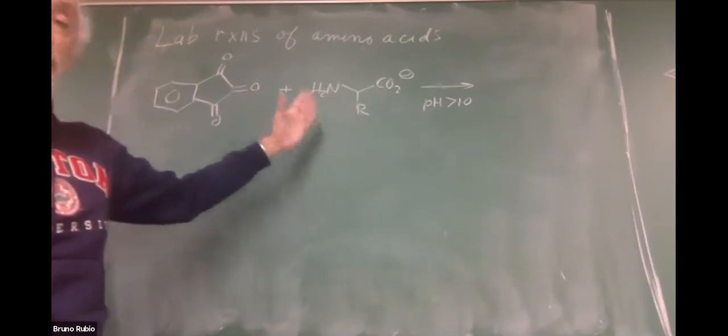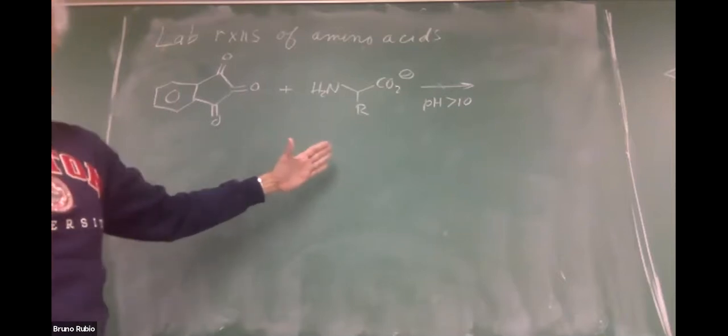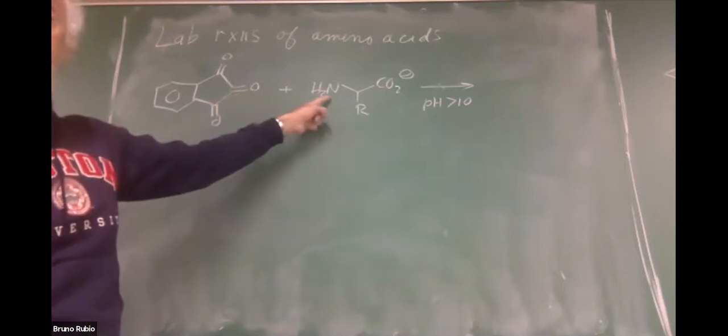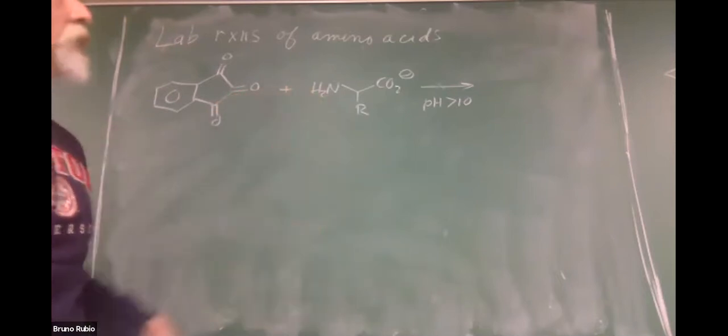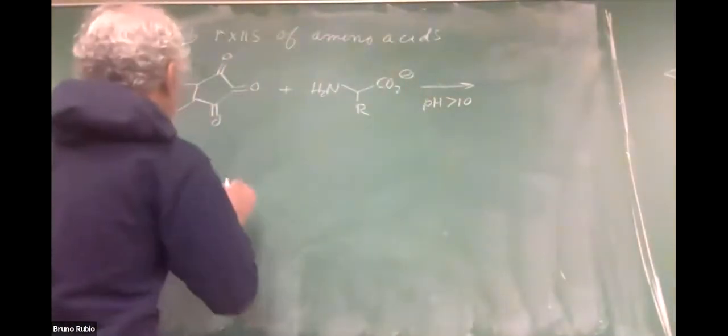And what is this the recipe for? Imine formation, right? You have an aldehyde or a ketone and a primary amine. These are going to get together to form an imine.